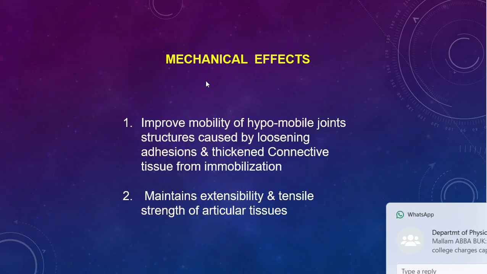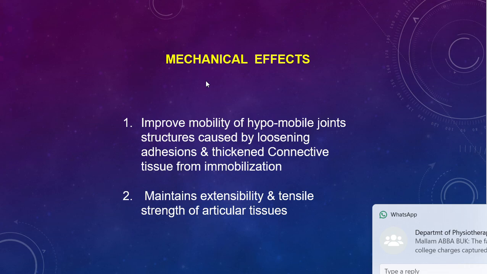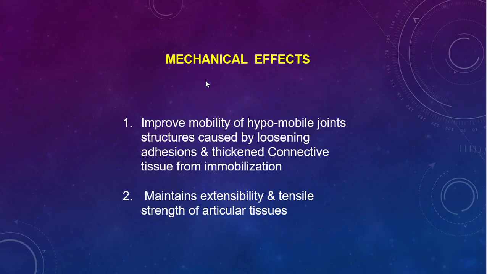When we talk about the mechanical effect of manual therapy, we're talking about effects that are related to movements, all right? Whenever there is hypomobility, reduced movement in the joint, we can go there, do our direct technique, indirect technique, do our oscillation, and movement will increase. So generally, mobilization and manipulation are used to deal with hypomobility.